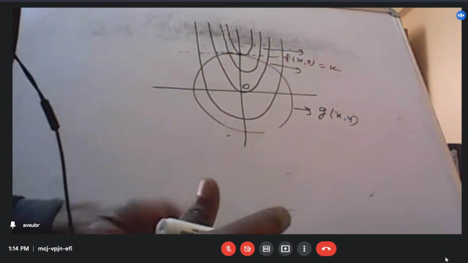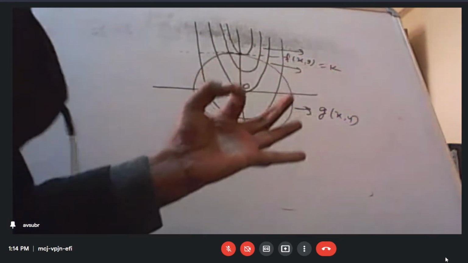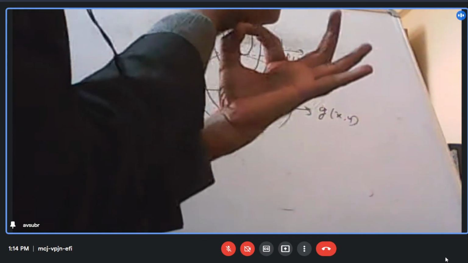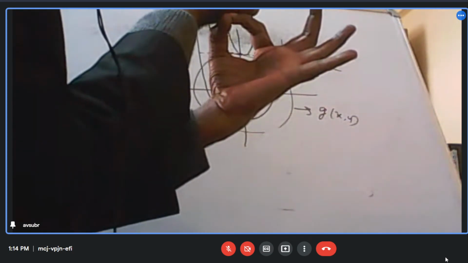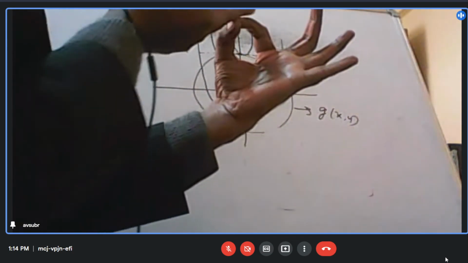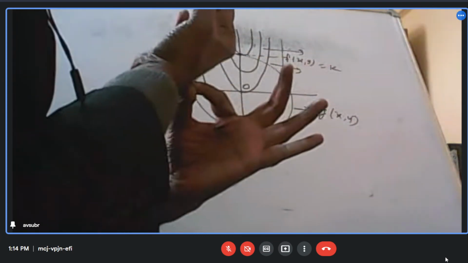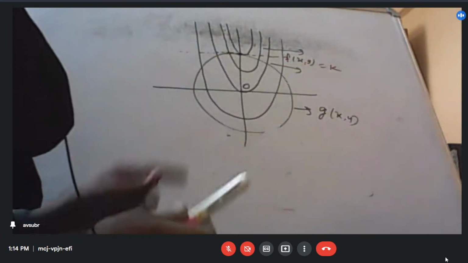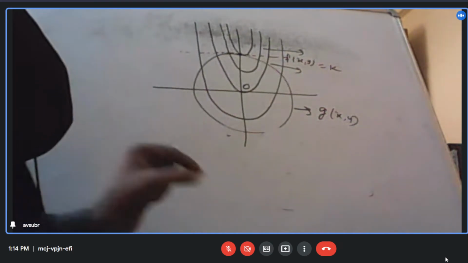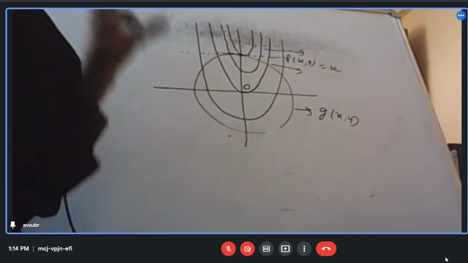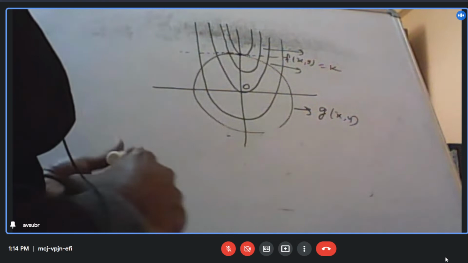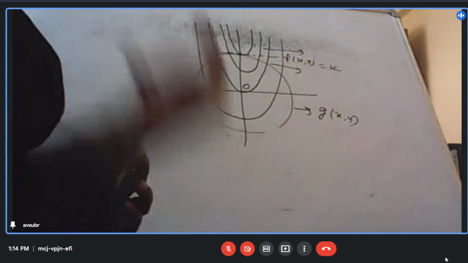If here I have a circle and this is a parabola, then obviously at this point, if I draw a tangent, it will touch both of them. So it is touching the function as well as it is touching this constant. If I look at the gradient of it, that is normal to it.